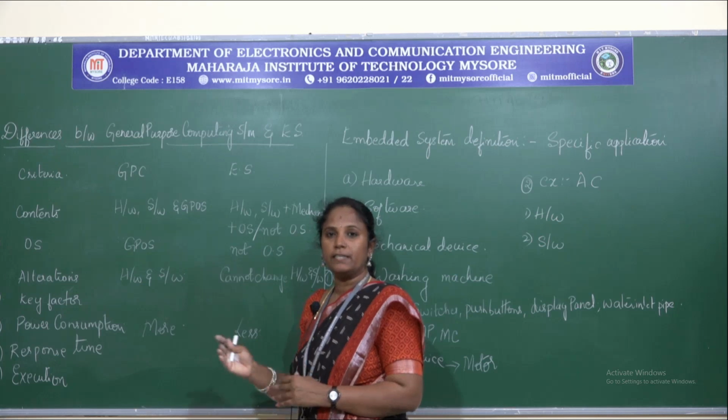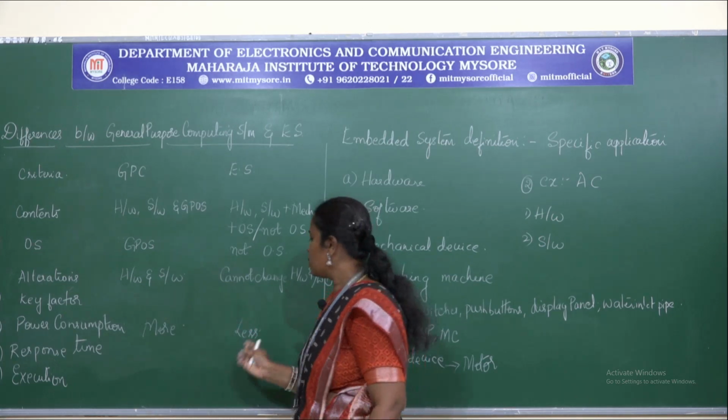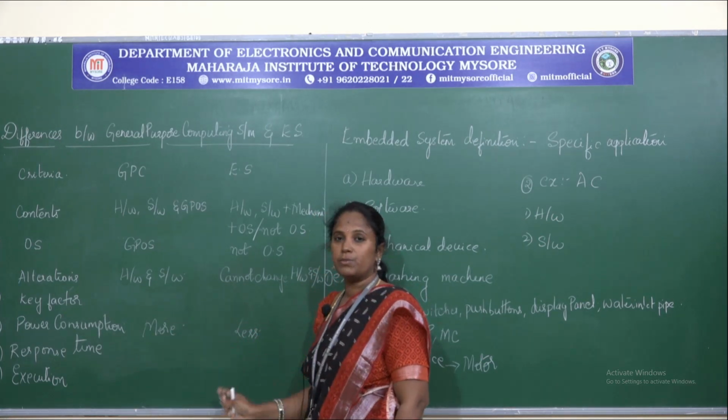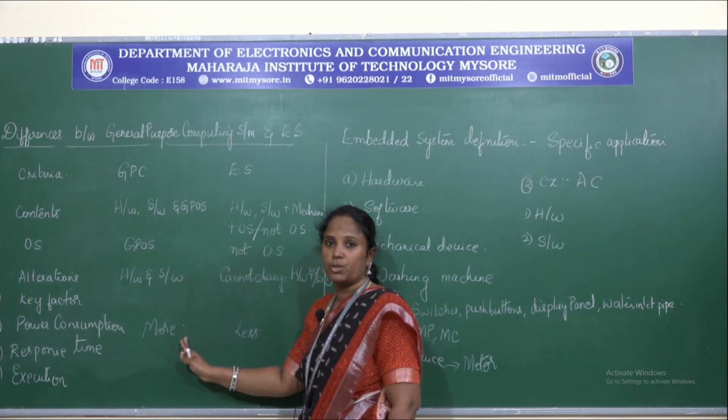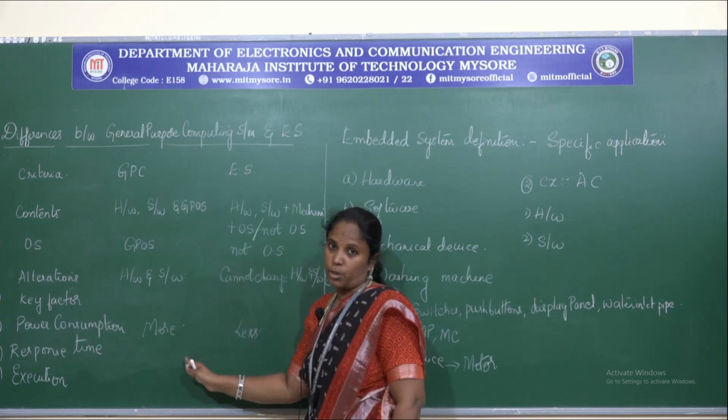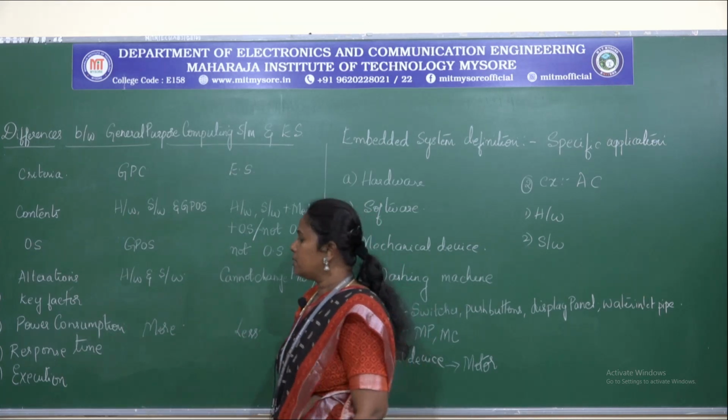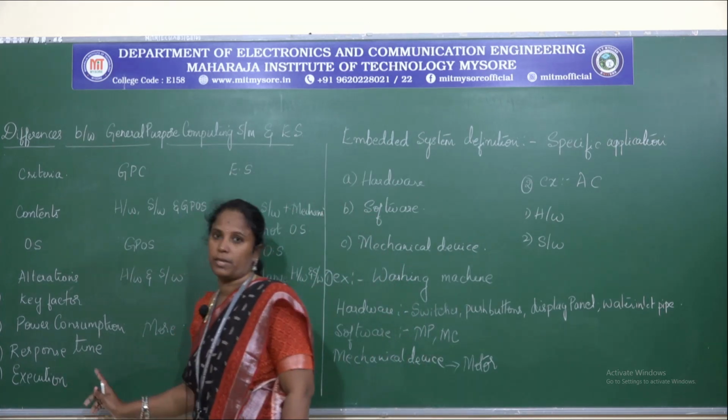So you need not interface them externally. That is why the power consumption requirement of an embedded system is less as compared to a general purpose computing system. Next we have the response time.